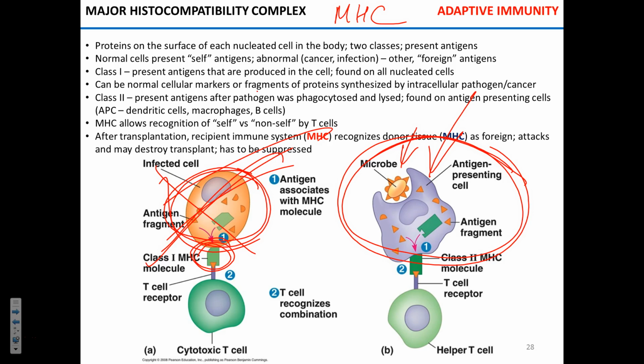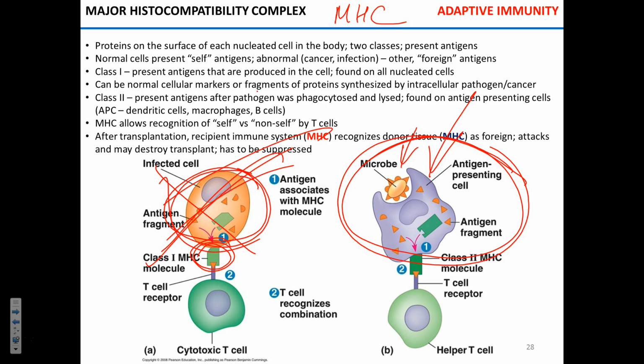Now imagine that I am an antigen-presenting cell, and Hope is going to be a cytotoxic T cell.